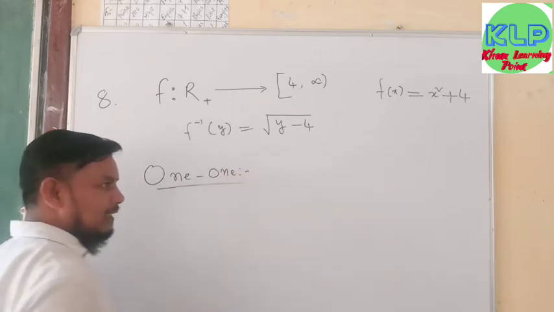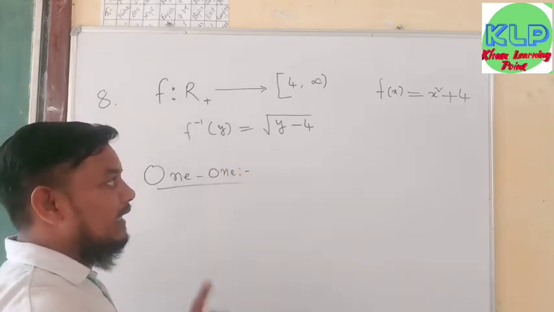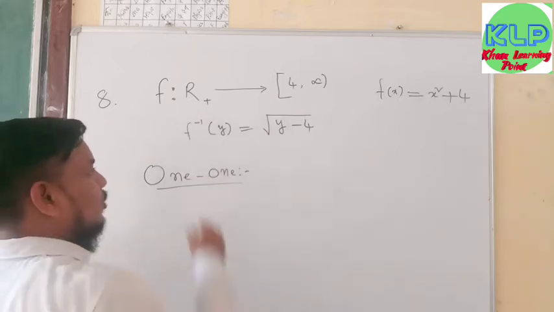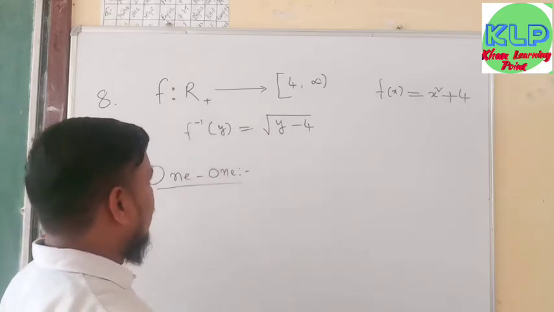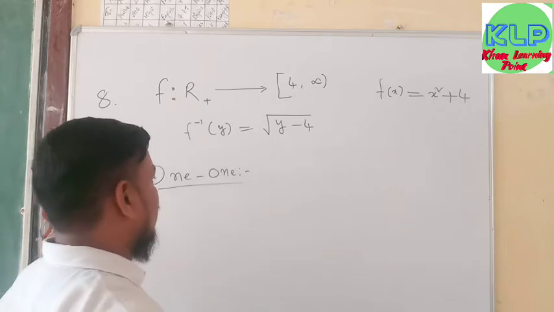तो 1 1 के लिए we need to consider any two elements of the domain. इसीलिए हम लोग डोमेन से दो एलिमेंट्स कंसिडर करेंगे.